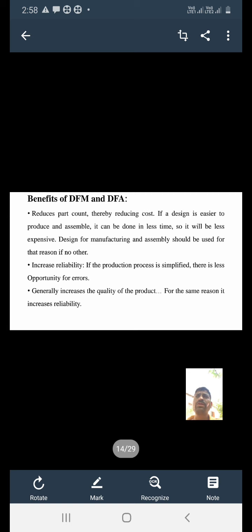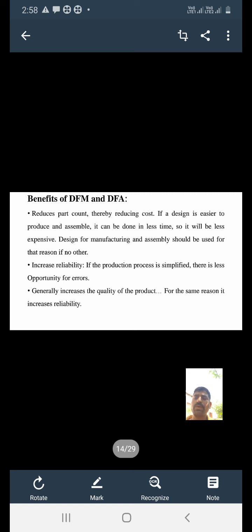That's why, if you want to increase the reliability, your production process should be simple. Then the chances of errors are minimized. It also generally increases the quality of the product. If the production process is simple, then automatically the quality of the product will increase, and for the same reason it again increases the reliability.